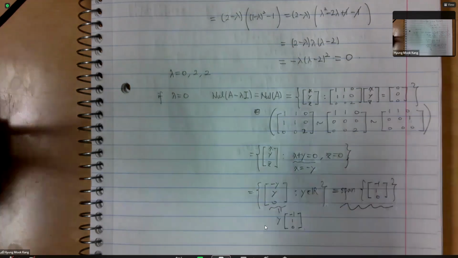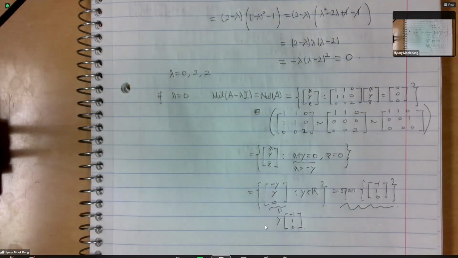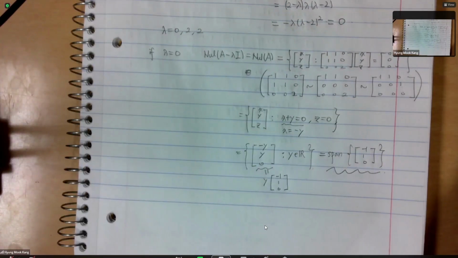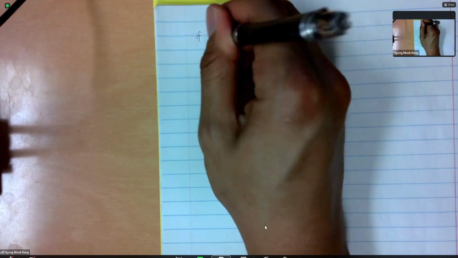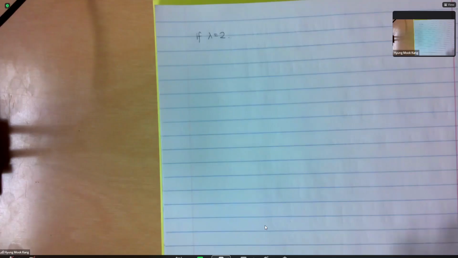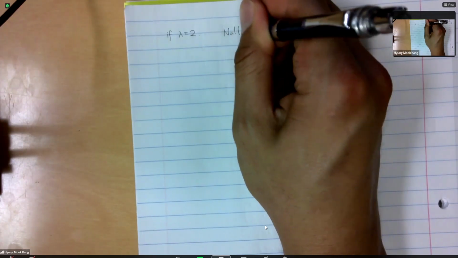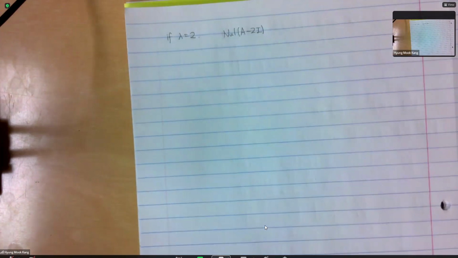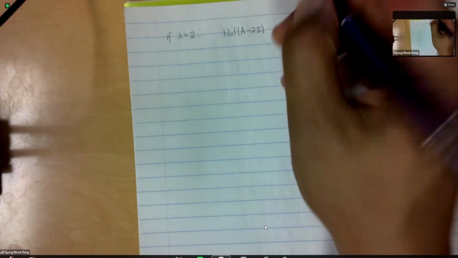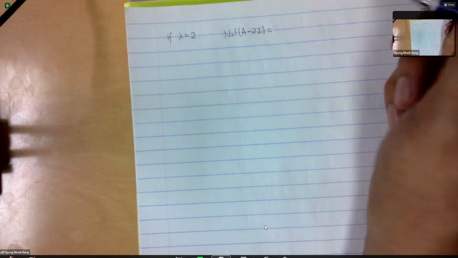So let's go with the lambda equals 2 case. It's the 2 case. Our eigenspace is the null space of A minus lambda I. In this case, lambda equals 2, so A minus 2I. So what was our A?